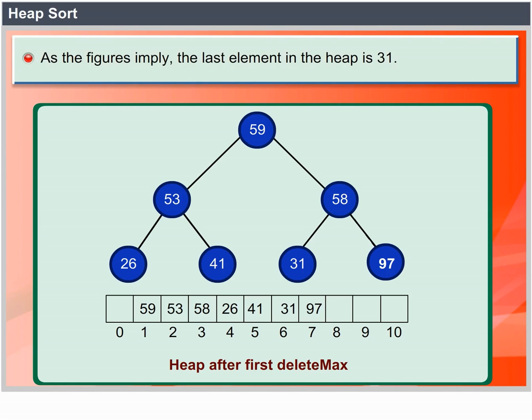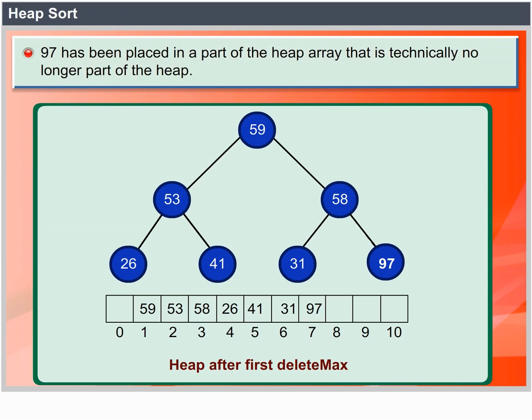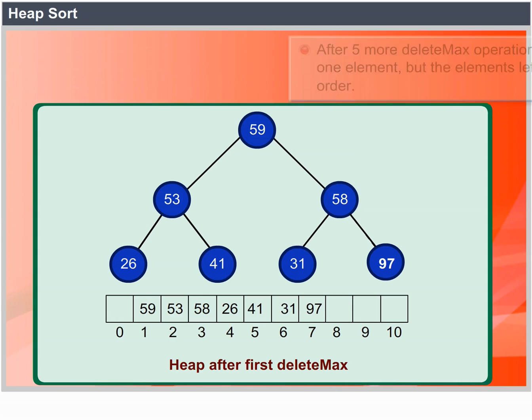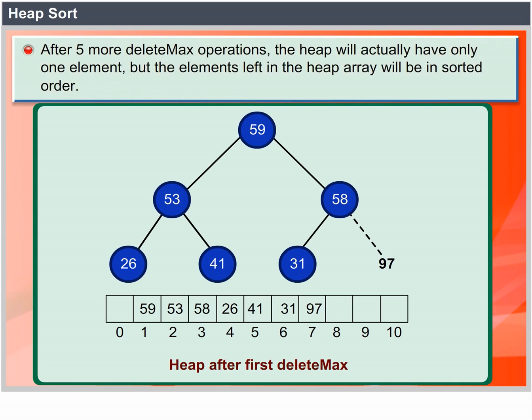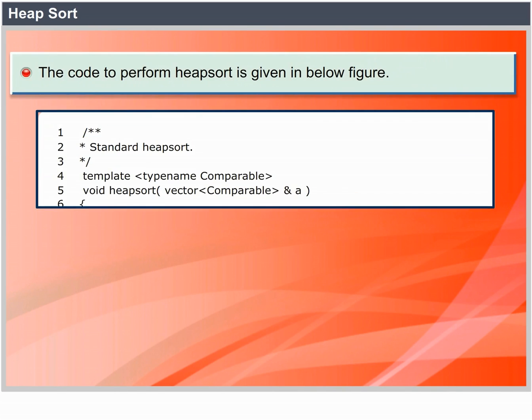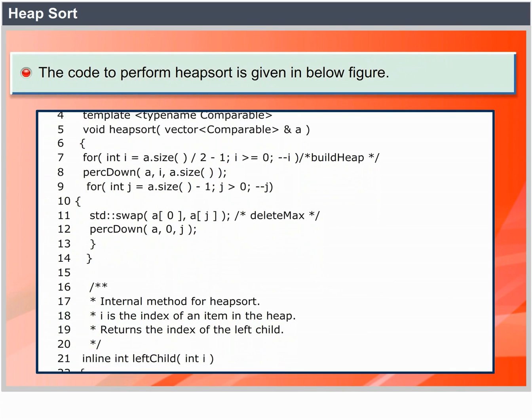As the figures imply, the last element in the heap is 31. 97 has been placed in a part of the heap array that is technically no longer part of the heap. After 5 more delete max operations, the heap will actually have only one element, but the elements left in the heap array will be in sorted order. The code to perform heap sort is given in the figure below.